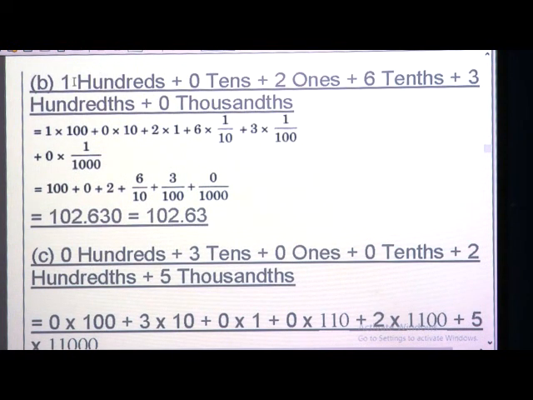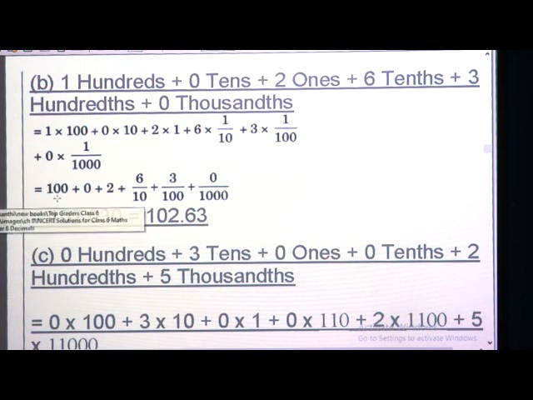Next example: 1 hundred plus 0 tens plus 2 ones plus 6 tenths plus 3 hundredths plus 0 thousandths. So, 1 into 100, 0 tens, 2 into 1, 6 by 10, 3 by 100, and 0 upon 1000.